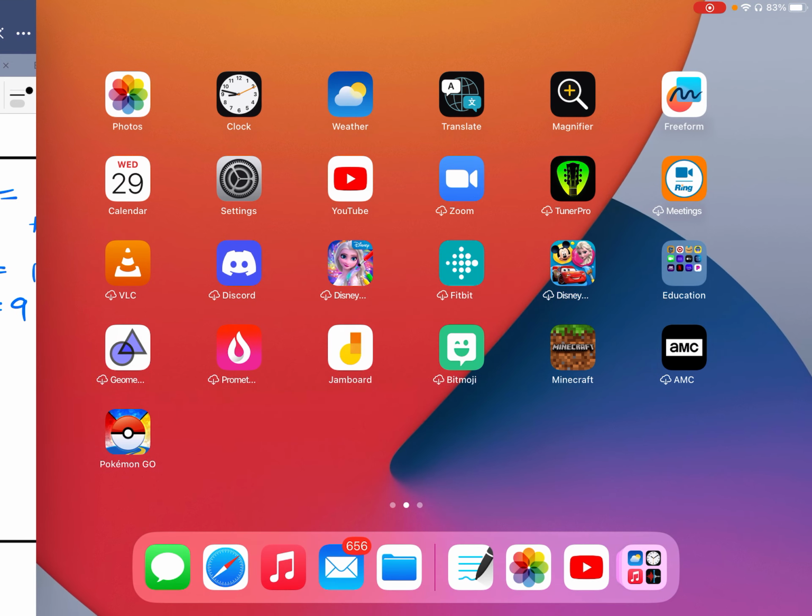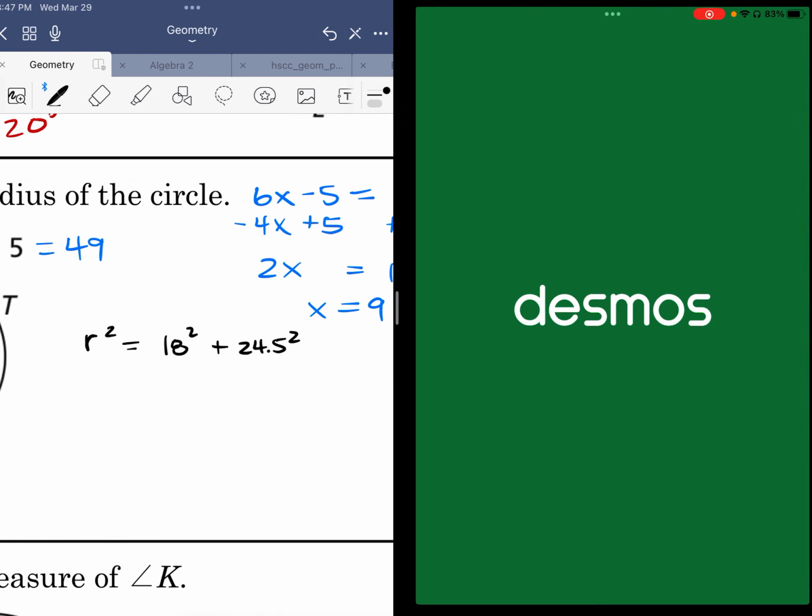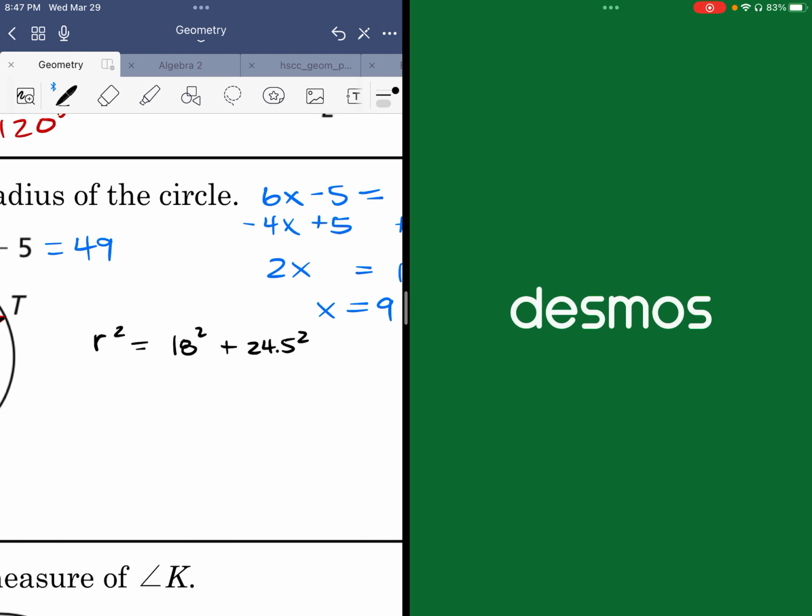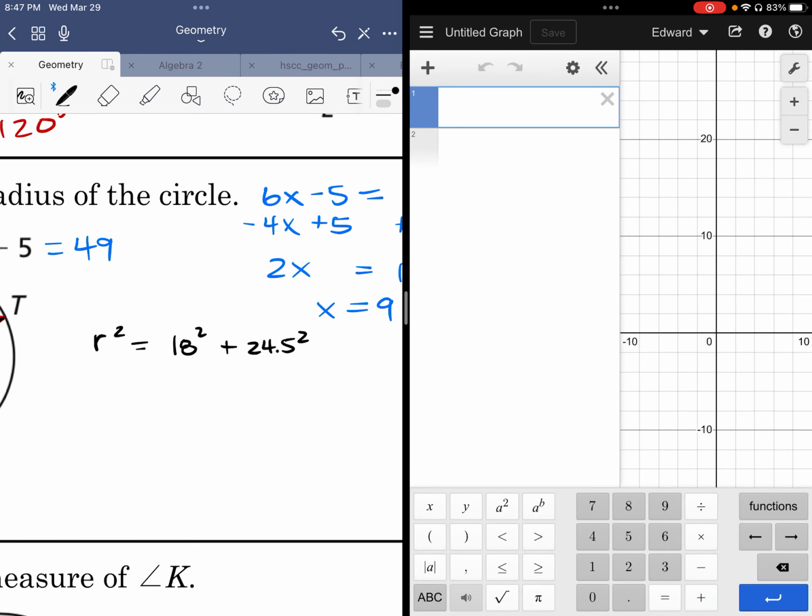Let's see if I got my Desmos going. There it is. So we're going to go 18 squared and 24.5 squared, and add those together. So 18 to the power of 2, added to 24.5 to the power of 2. So that's 924.25.